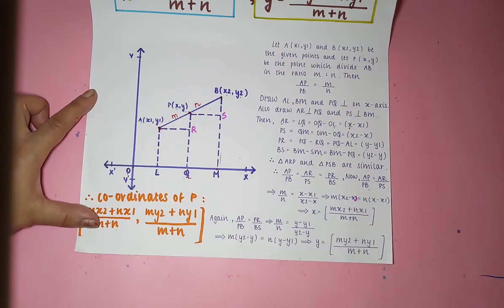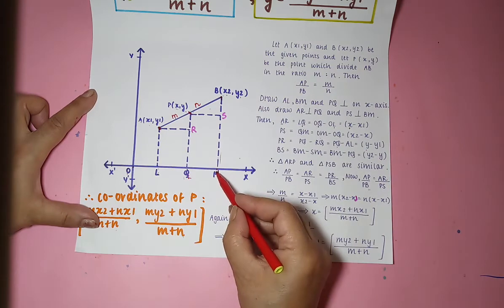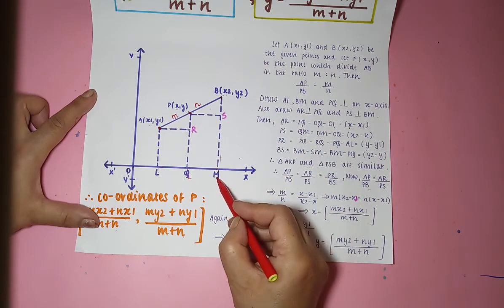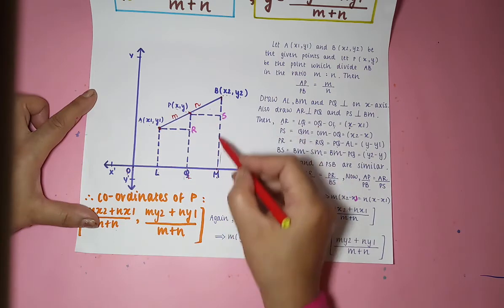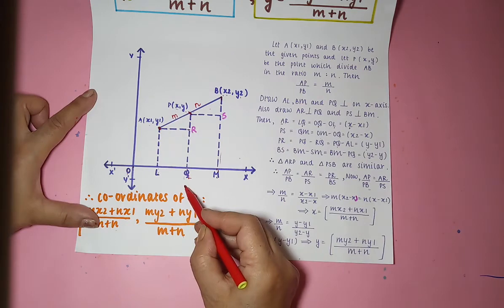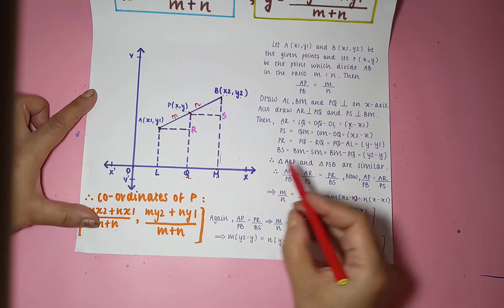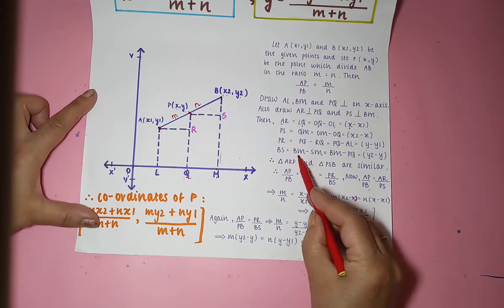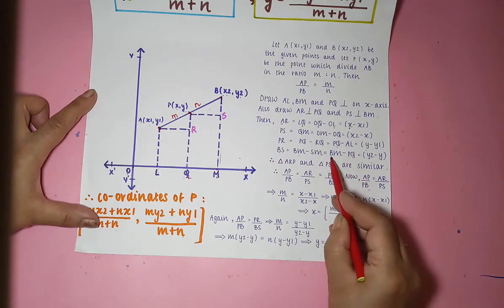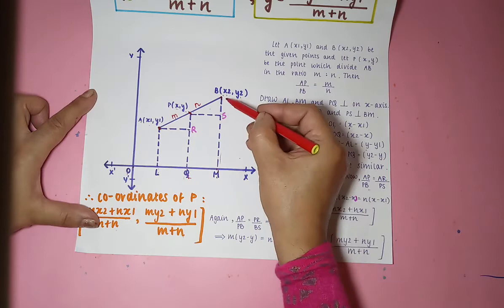Now let's go to BS. BS is equal to BM minus SM, right? Fine. Now SM is equal to PQ. Is it equal to PQ? So we can say that BS is BM minus SM, or BM minus PQ. Fine. Now BM, how much is BM?